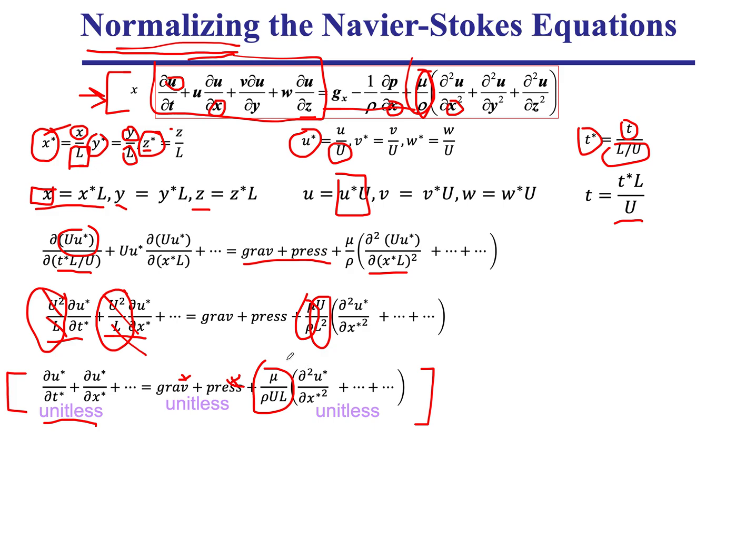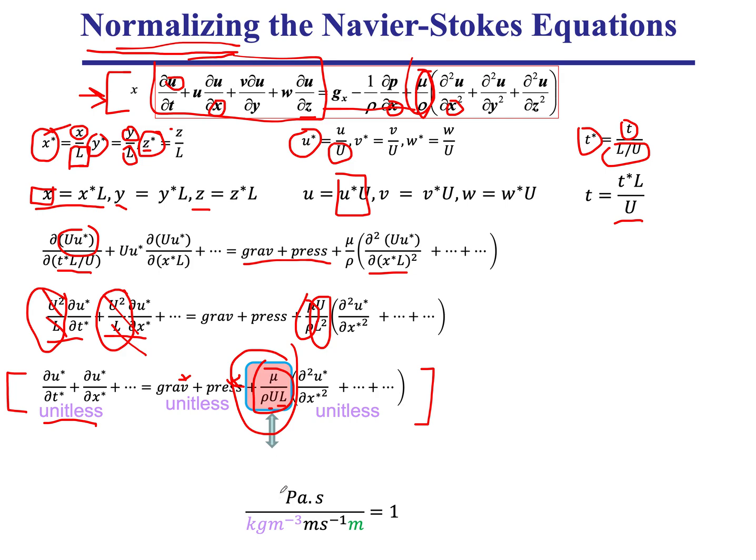But we still have, and we condensed all these dimensions, length scale and velocity scale, in one item. So every term in this equation is unitless now. But now what this equation has thrown at us after the process of normalizing is this: mu over rho u l, the viscosity mu divided by rho u l.